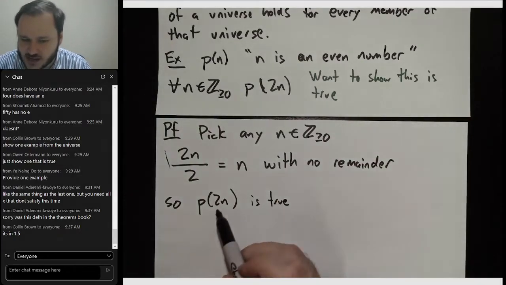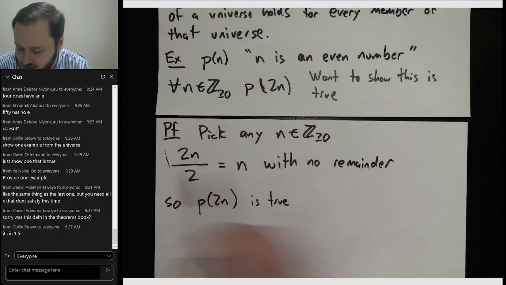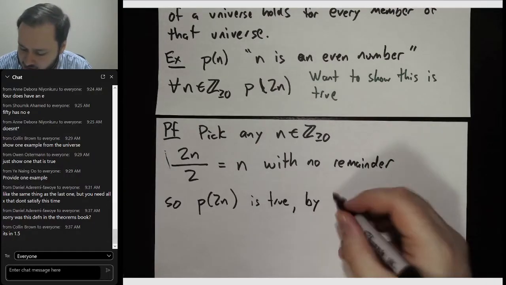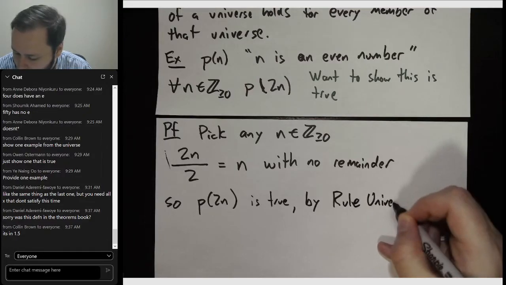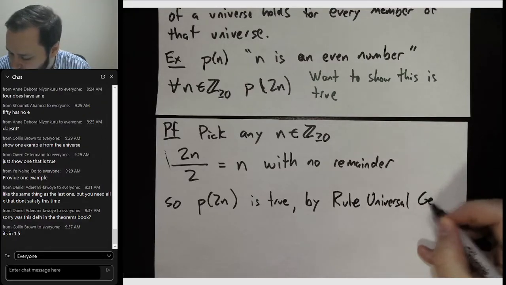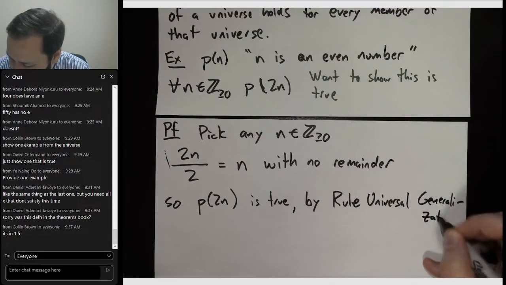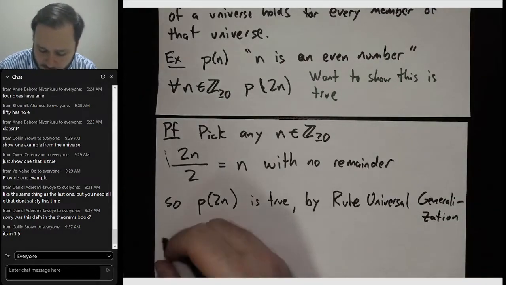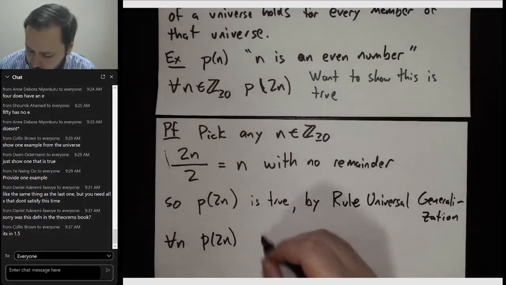And since there was nothing special about this n, and P of 2n was true for this one particular n, by the rule of universal generalization, for all n, P of 2n is true.